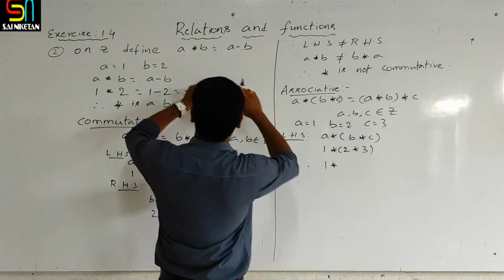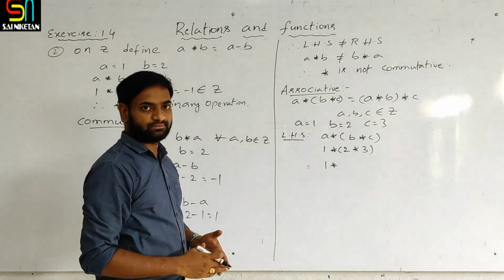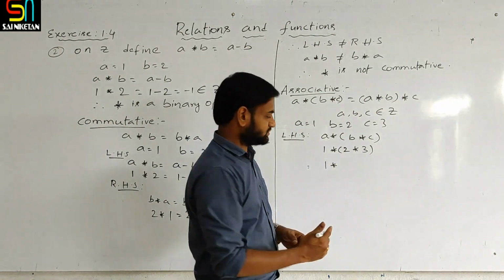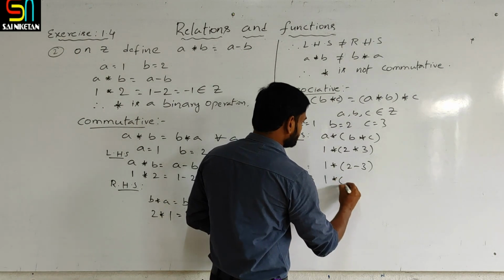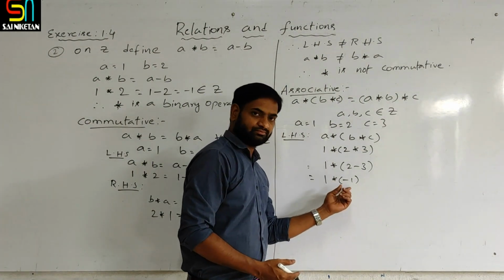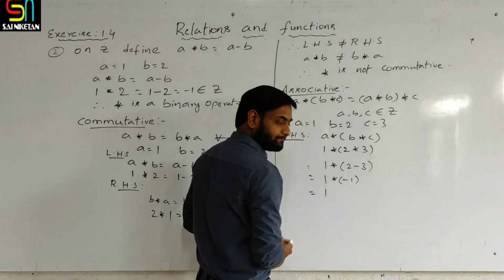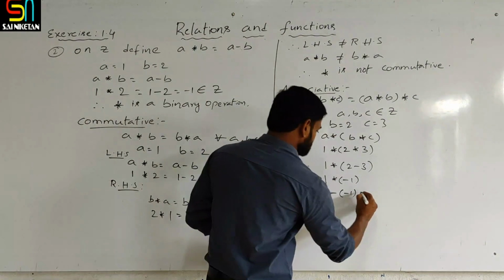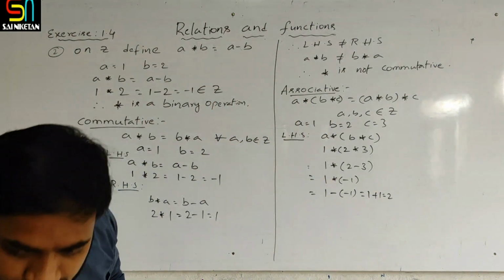The operation is A star B, which is A minus B, the difference of 2 elements. Here also 2 star 3 is 2 minus 3, so 1 star of (2 minus 3) is 1 star minus 1. Now again A star B is A minus B: 1 minus minus 1, that is 1 plus 1, which is 2. Now this value is 2.